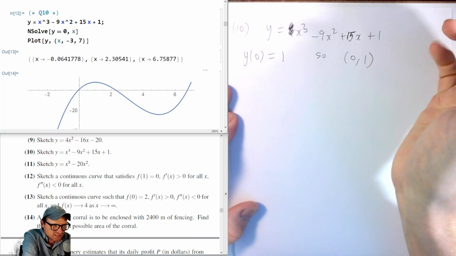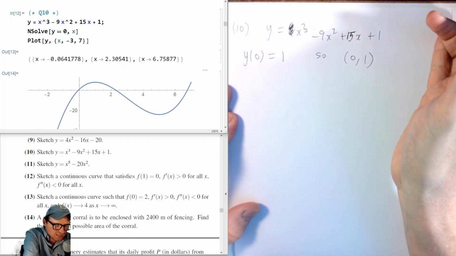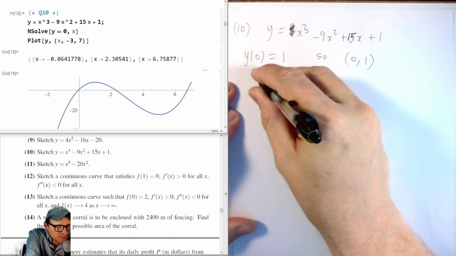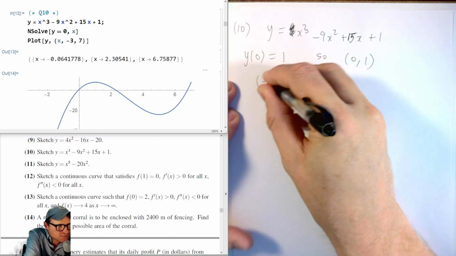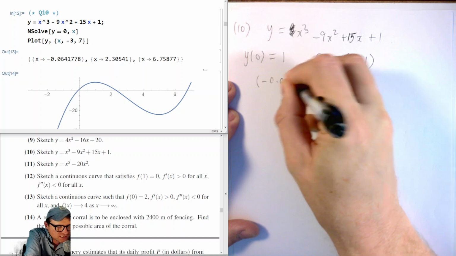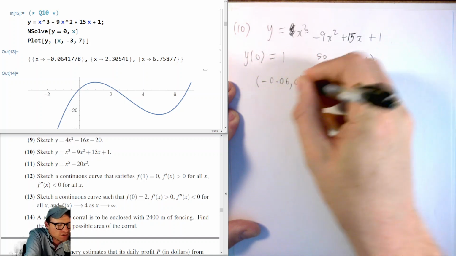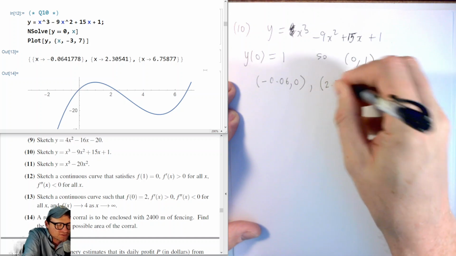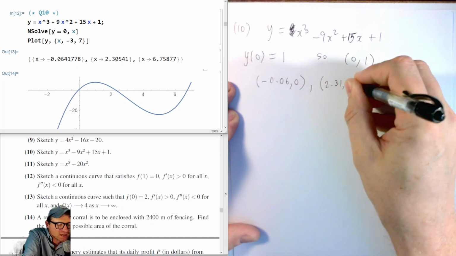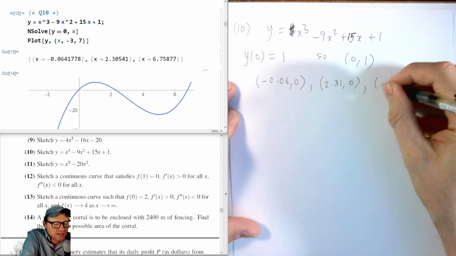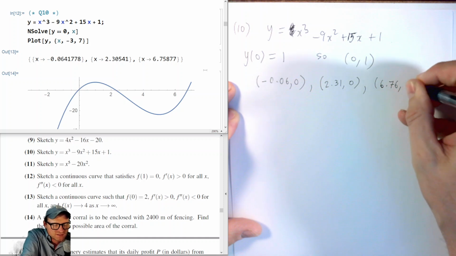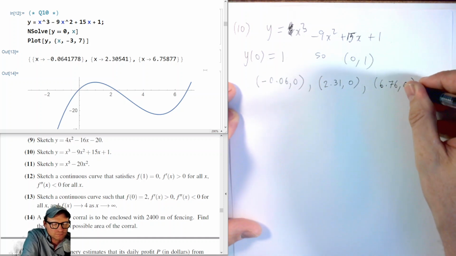Not so easy to do this by hand. You would need Cardano's formula. So by machine, we've got minus 0.0640, then we have 2.31, 0, and then we have 6.76, 0.